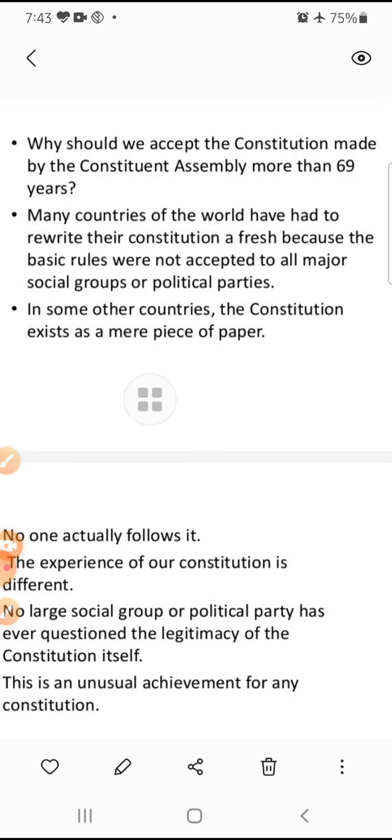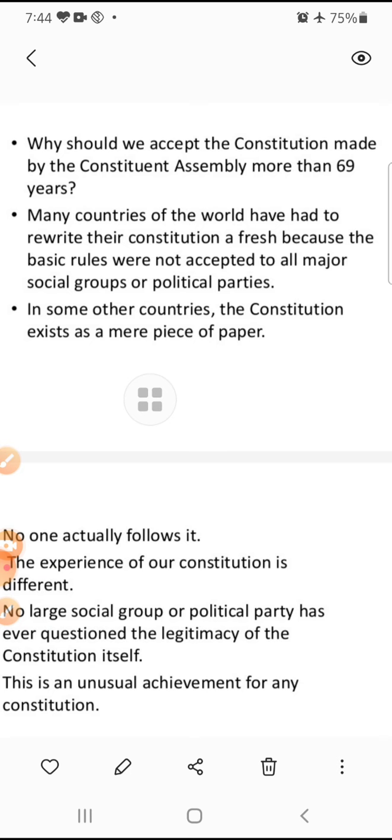There are some questions, like why should we accept the constitution made by the Constituent Assembly more than 70 years ago, and we are still believing in the document which is our constitution?